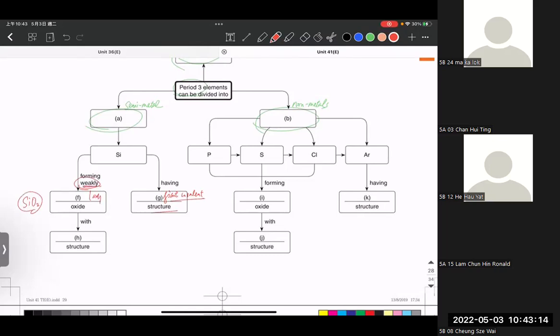So this is an adverb, right? Yes, this is an adverb. Well, this is an adjective. So this is a weakly acidic oxide with what structure? SiO2. What is the structure they're having? SiO2. What is the structure?